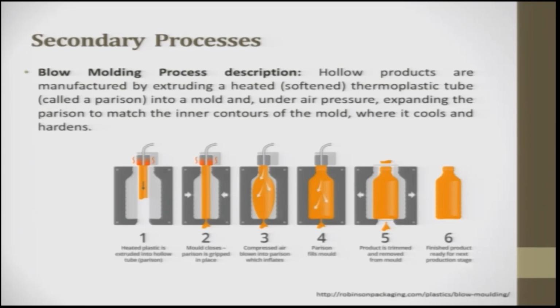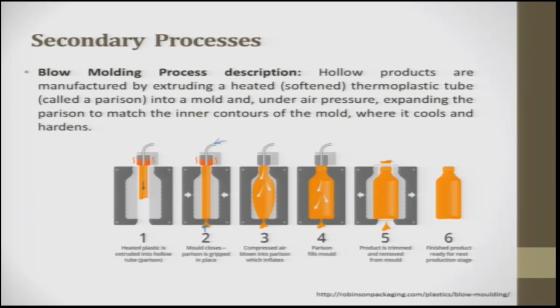Then the mold is closed around the hollow tube, and through the tube bottom side we push air, or you can even crimp it here and push air from the top. Both sides are possible. Here in this example we have used pushing air from the top.